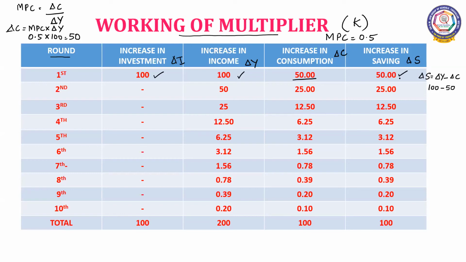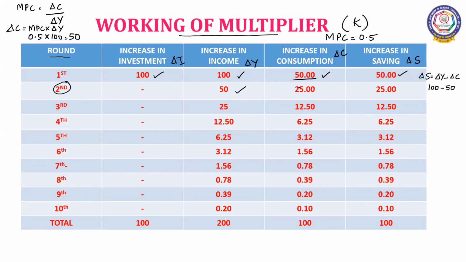Change in savings is 50. In round 2, change in consumption would be converted into change in income, as change in consumption is the expenditure and the expenditure causes income. The expenditure on consumption is 50 crores, and so the increase in income is 50 crores in the second round.